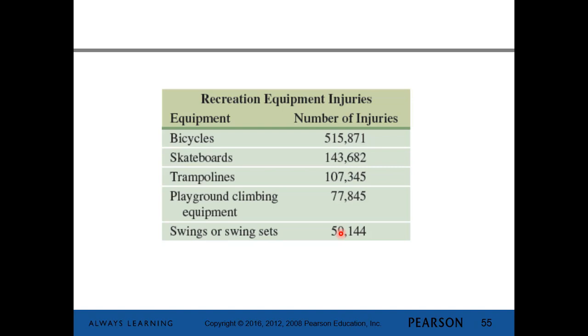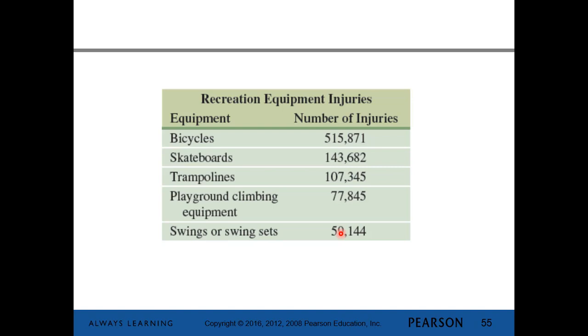Based on this table, we can calculate a probability that if we randomly selected an injury, we can ask what's the probability that the injury happened while playing on a trampoline, or on climbing equipment, or riding a bike, and so on.